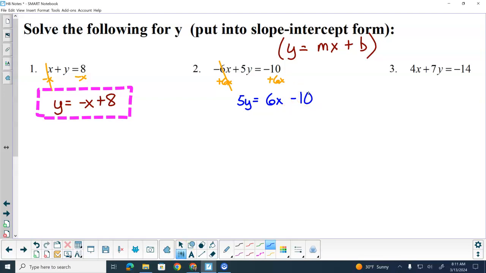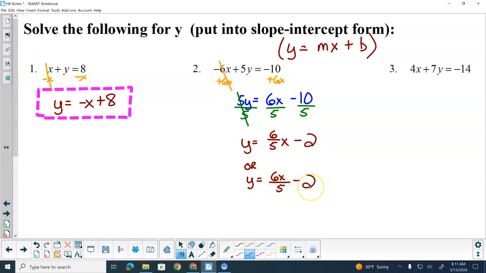Okay. Austin, next step. Divide everything by 5. Makes that go away. Gives me my y equals 6/5 x minus 2, or we would also accept that.